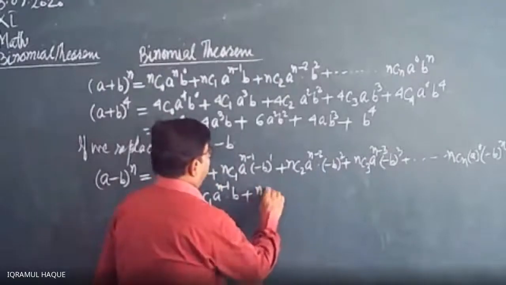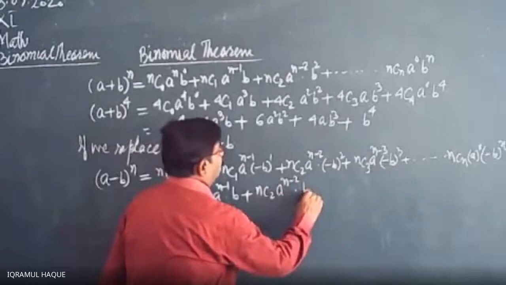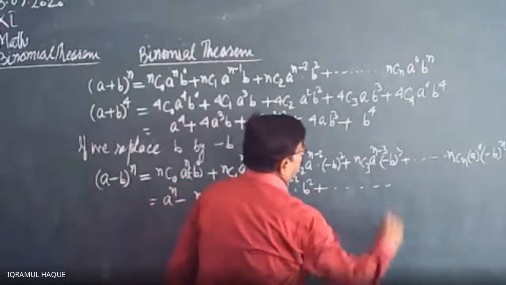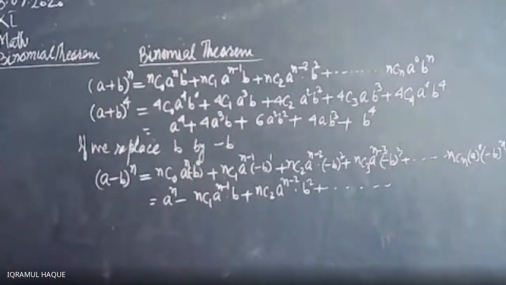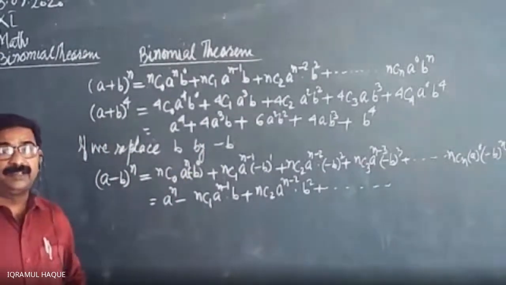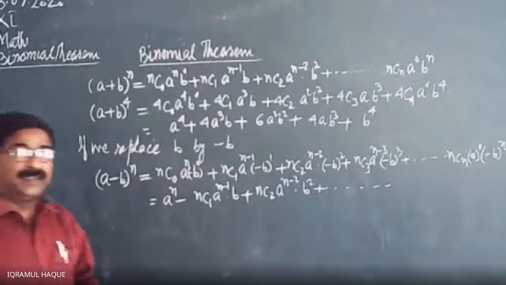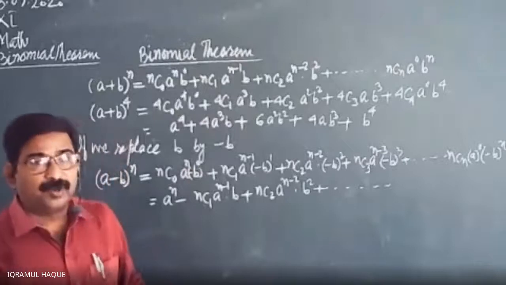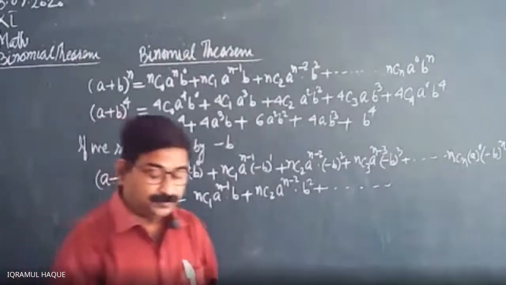We have nC2 a to the power n minus 2 into b square plus so on. So to remember this, you have to learn that every alternate term is negative. Means first term positive, second negative, third term positive, then negative.